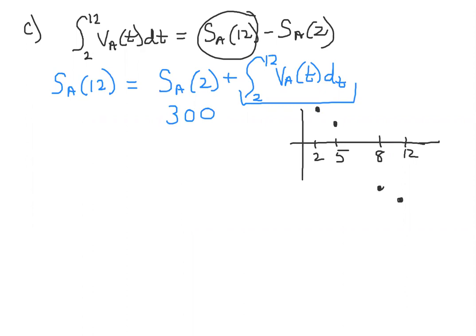So it doesn't have to be anywhere to scale. So we're going to find this trapezoid. And, oh, this one's hard. We're going to find that trapezoid, I guess, and we're going to find this trapezoid. So what that's going to be, the integral from 2 to 12 of this.